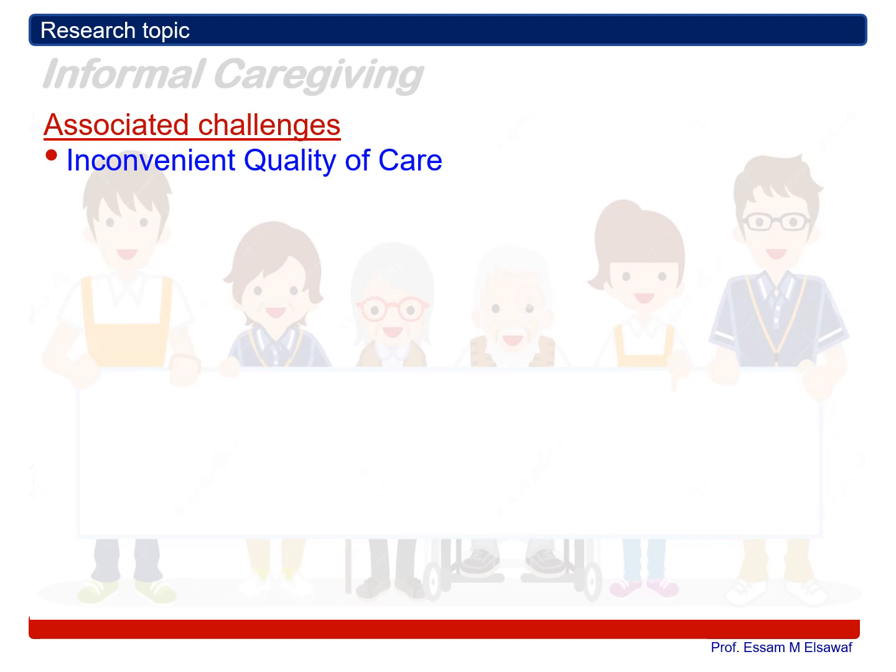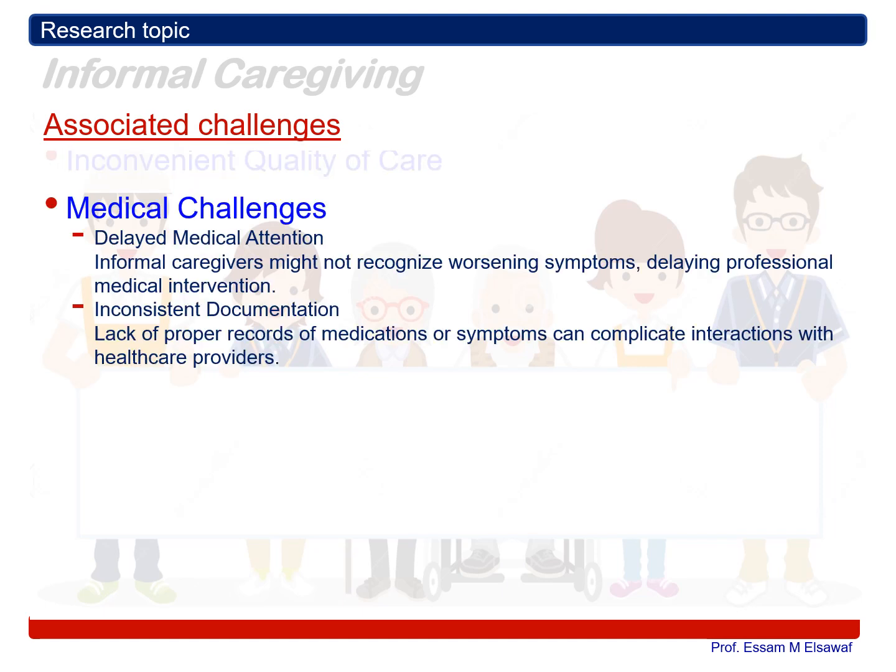Medical challenges. Consequently, informal caregiving could lead to delayed medical attention because informal caregivers might not recognize worsening symptoms, delayed professional medical intervention, with inconsistent documentation and lack of proper records of medications because they are informal. Emotional and psychological challenges, dependency and over reliance.